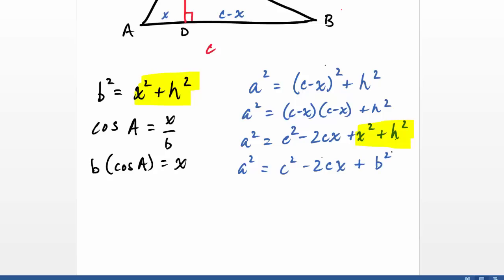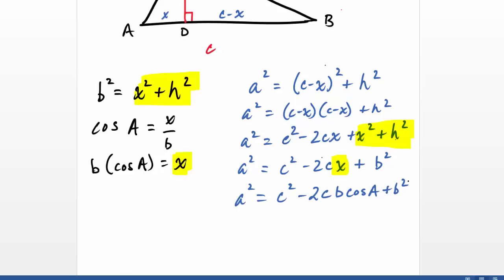Also, I have a value for x. In this case, I had x by itself over here, so I can do this substitution process one more time. So I'm going to have c squared minus 2c times b times the cosine of A plus b squared.